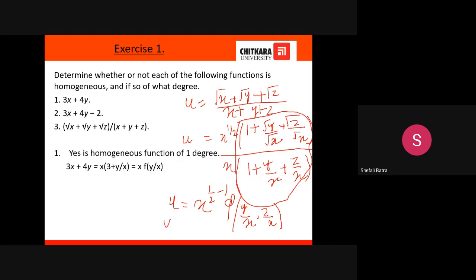So u is equal to x power minus half times a function of y by x, z by x. So you are able to express the given function in the required form. So u is a homogeneous function with degree minus half, right?